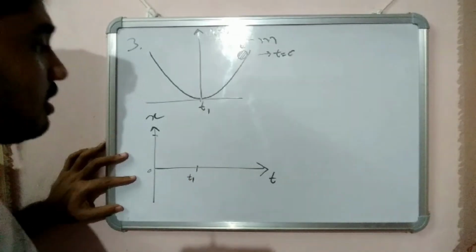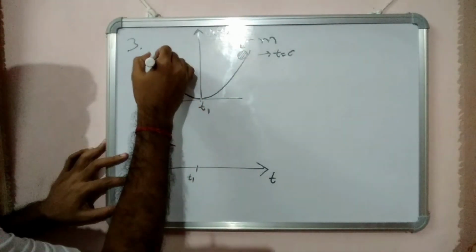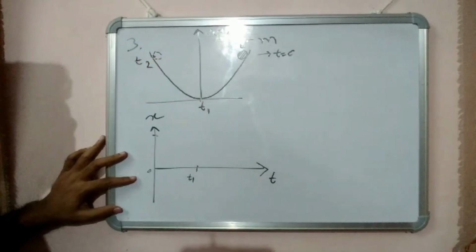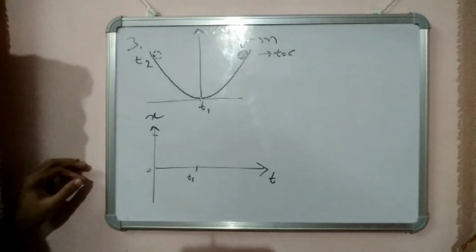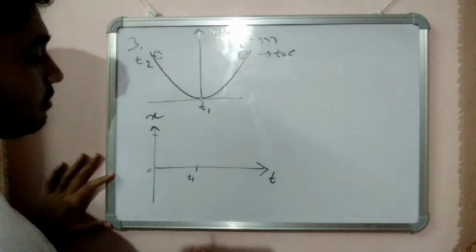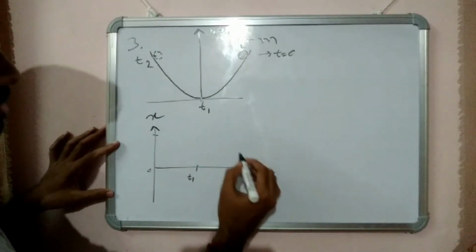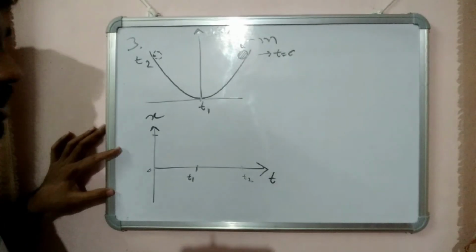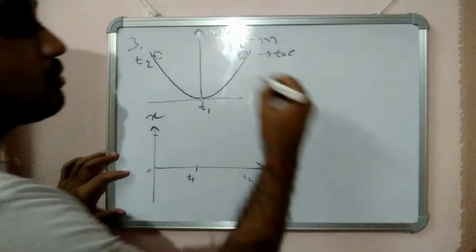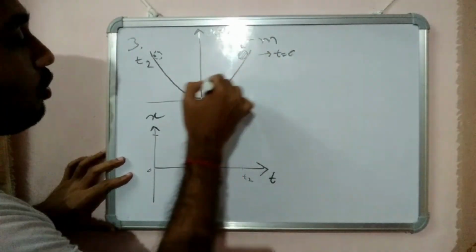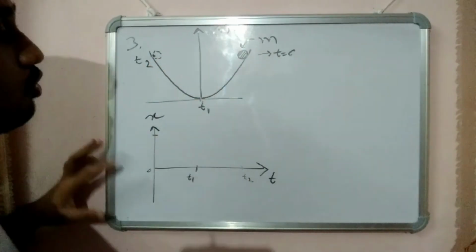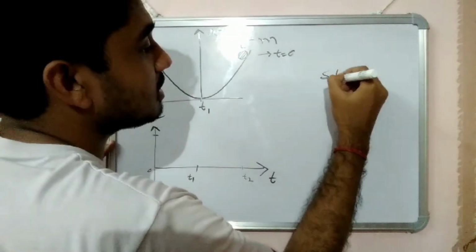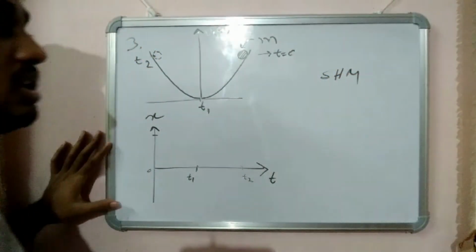Suppose this is t1, and again at time t2, the ball will be on the other side of the amplitude. So suppose this is t2. As the ball moves along this parabolic path, it is definitely a simple harmonic oscillation.